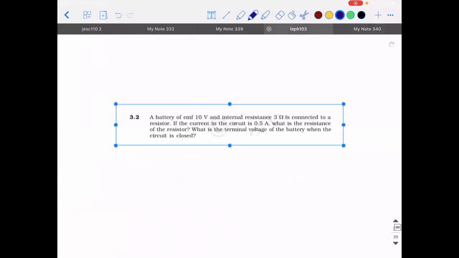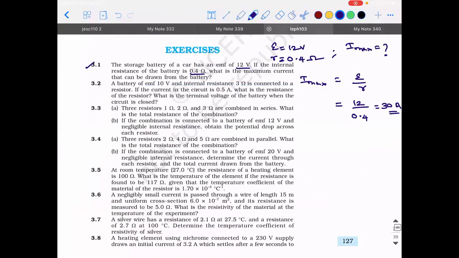Next. 3.3. There are three resistors, 1 ohm, 2 ohm, and 3 ohm that are combined in series. What is the total resistance of the combination? Easiest question. R equivalent is equal to 1 plus 2 plus 3. This is 6 ohm.